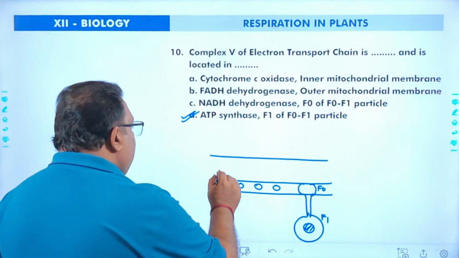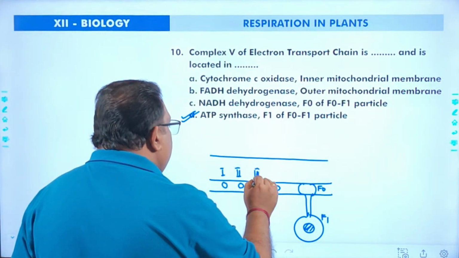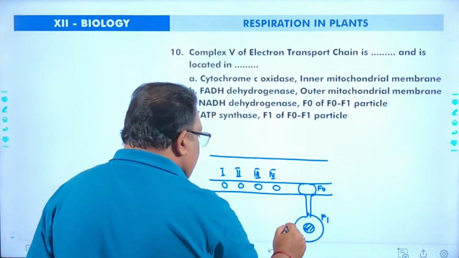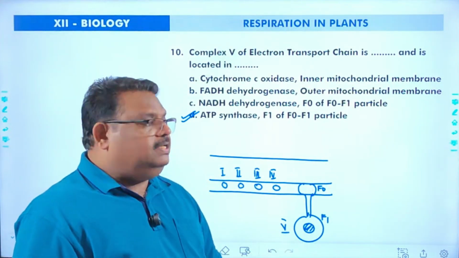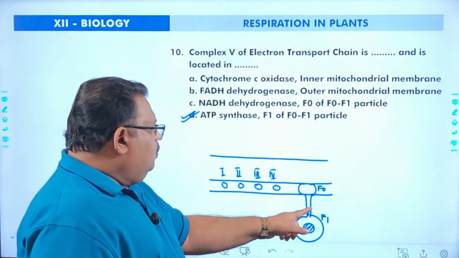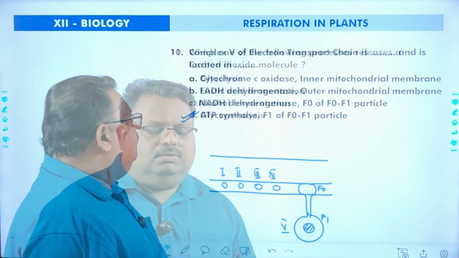This is the complex 1, complex 2, complex 3, complex 4 and complex 5. And the name of the complex 5 is ATP synthase, and that is located inside the F1 of the F0 F1 particle.